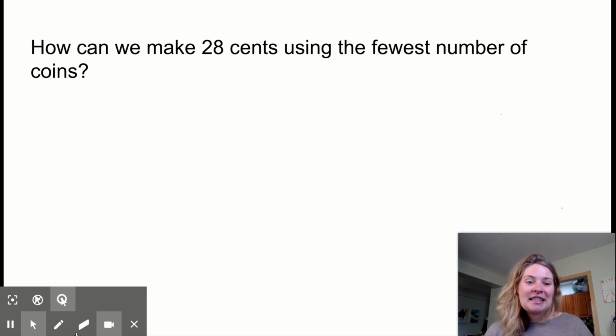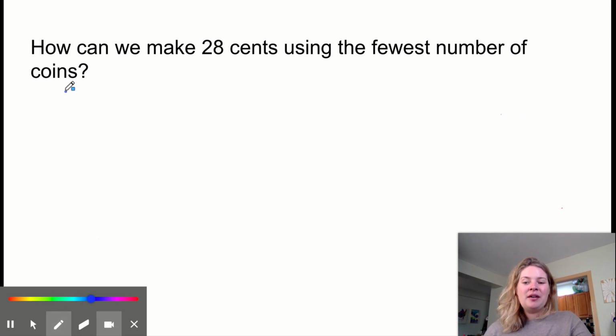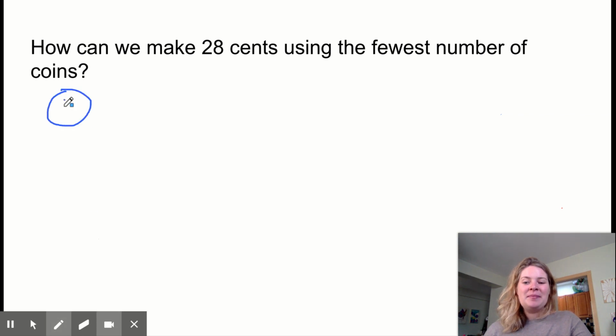There are lots of ways to make 28 cents. Let me show you some. You could do it with a dime, another dime, my computer's being slow, a nickel, and 3 pennies.